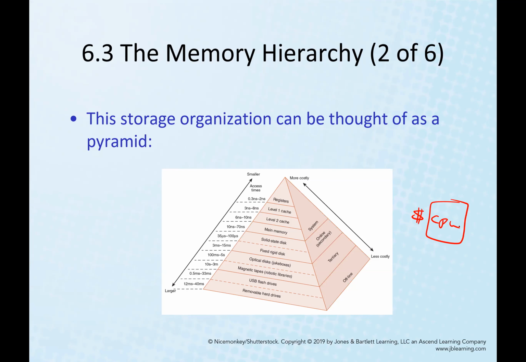We have cache level 1, cache level 2, and of course we also have cache level 3, which is not in this hierarchy. So cache level 1 is smaller than cache level 2, but more expensive, and it is closer to the CPU, and it's faster.